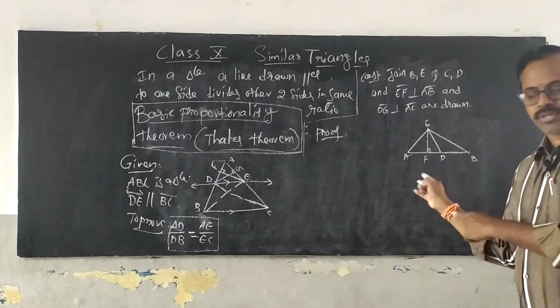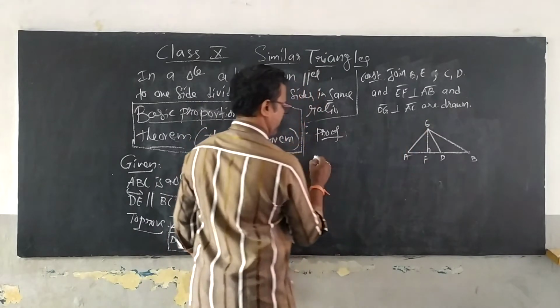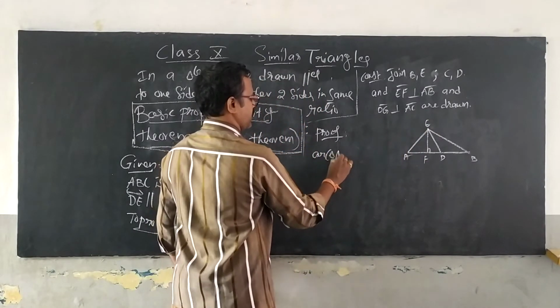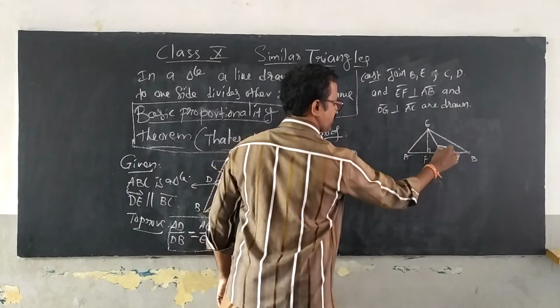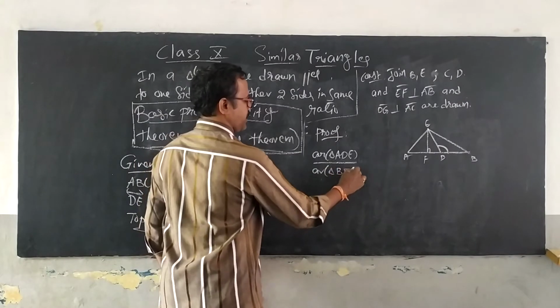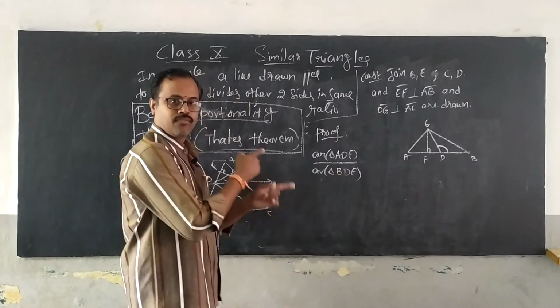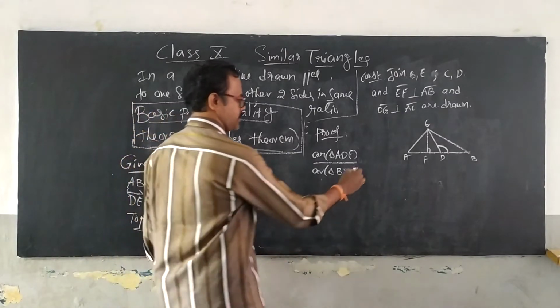Now I take two triangles here. The first triangle is ADE. So area of triangle ADE by, I take the second triangle, which is an obtuse triangle, area of triangle BDE. You know the formula for the area?